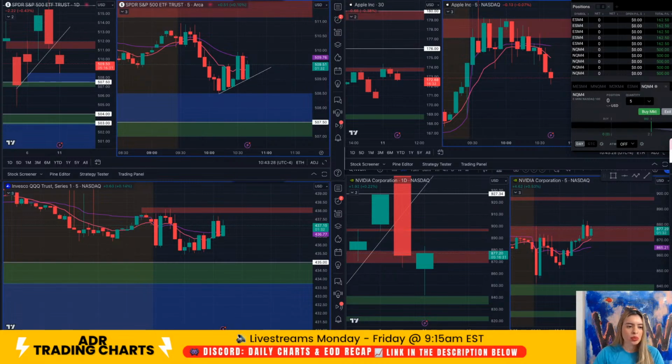And it has a gap above from Friday's close till today's open. What a boring day.